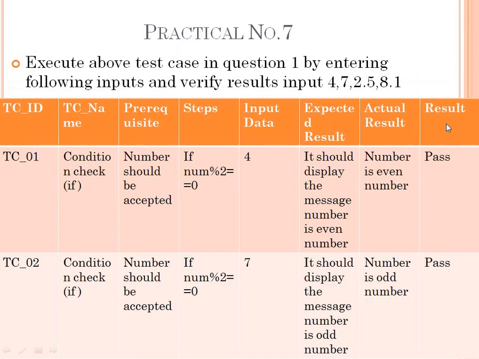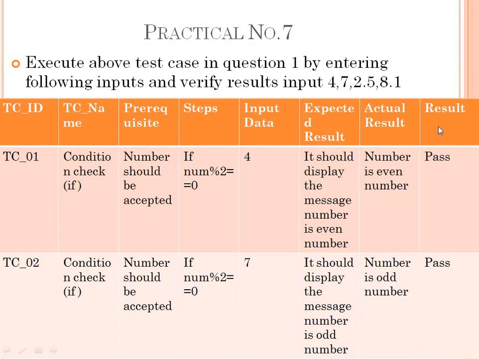Now the second program, by which we also check the condition statement. Here the program executes the above test cases in question 1 by entering the following inputs and verifying the results: 4, 7, 2.5 and 8.1.